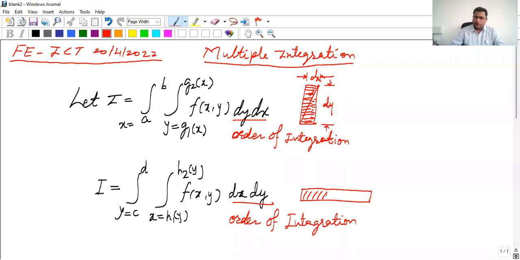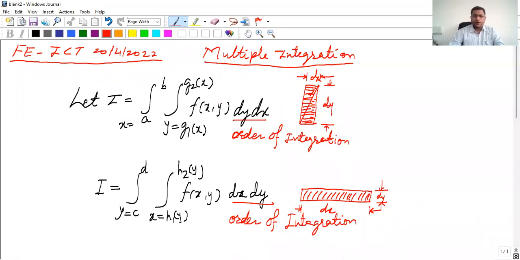So here we have to consider the horizontal strip, with this dy and this dx.